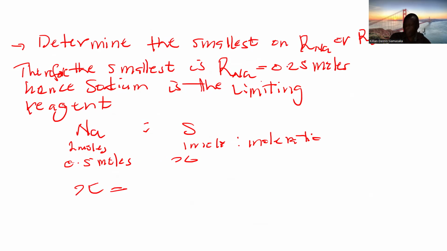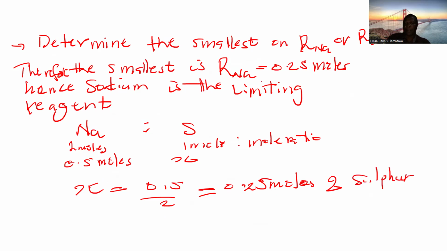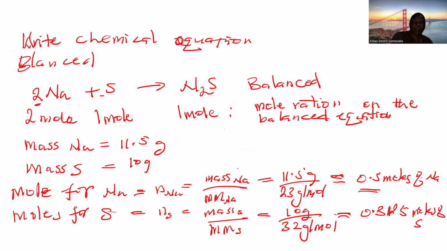And therefore, our X, the number of moles, is 0.5 divided by 2, which gives us 0.25 moles. These are the moles of sulfur.